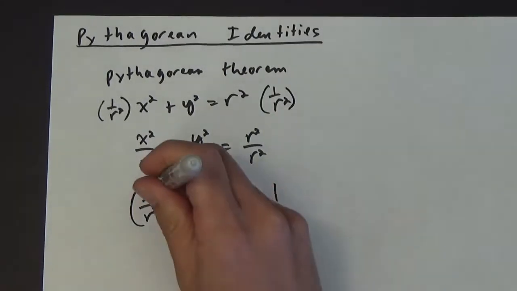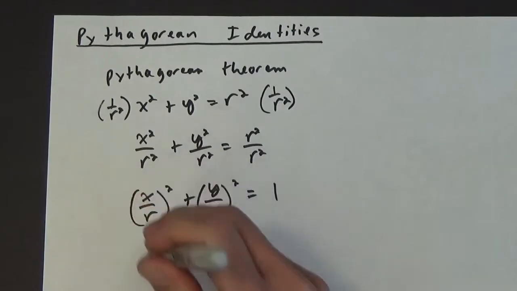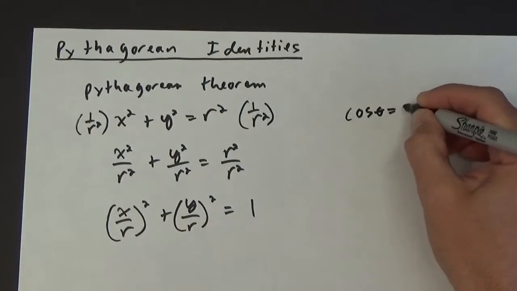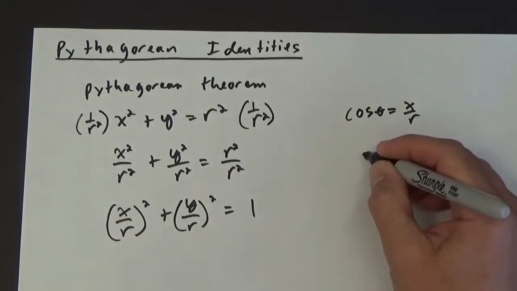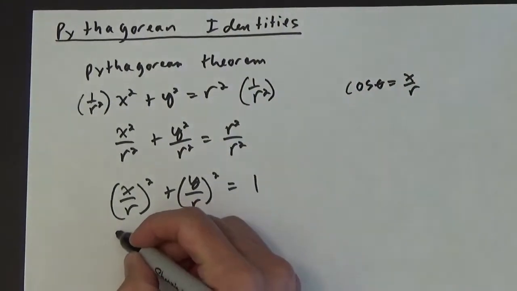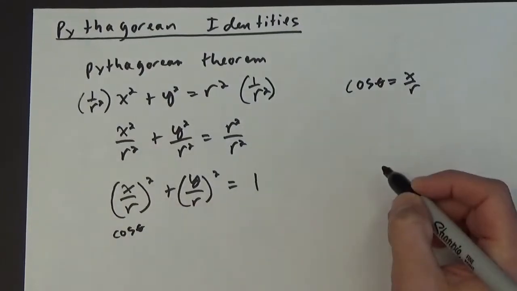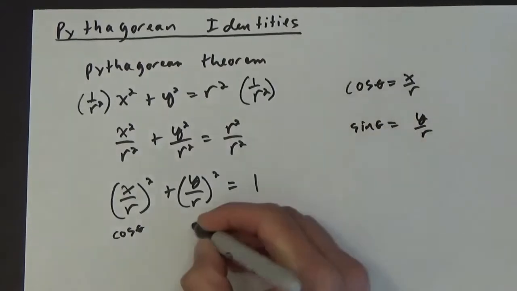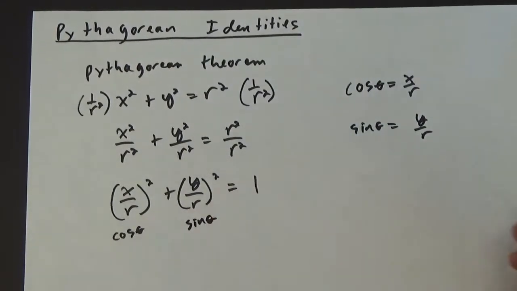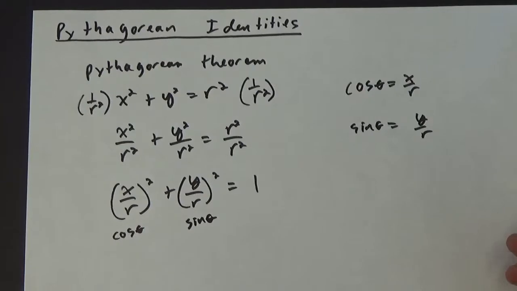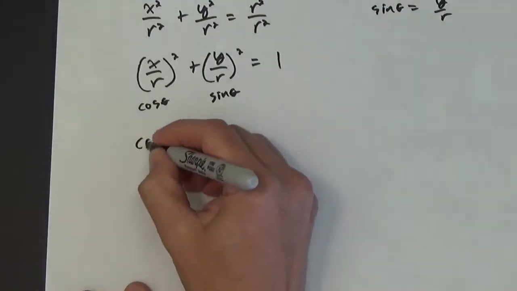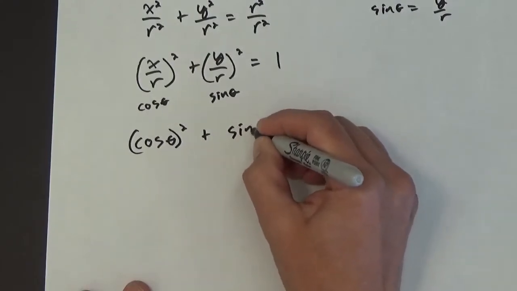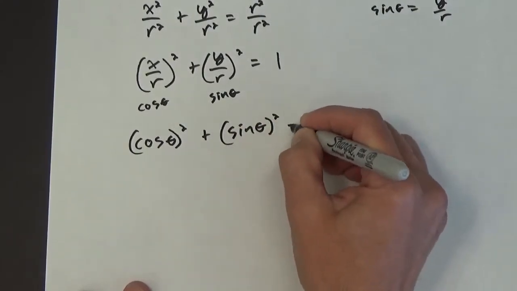Remember, x over r is the cosine. The cosine of theta is x over r, so we substitute in cosine of theta here. We also know that the sine of theta is y over r, so let's substitute in the sine of theta here. And so we end up with cosine of theta squared plus sine of theta squared equals 1.